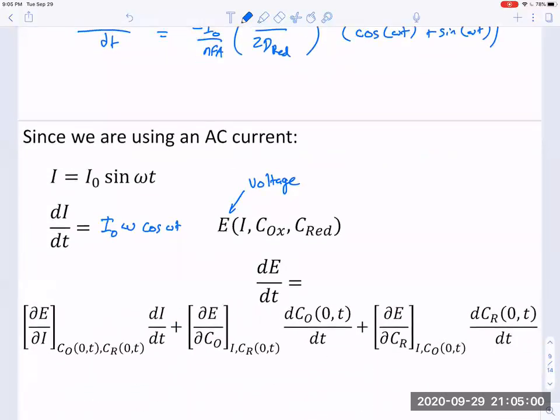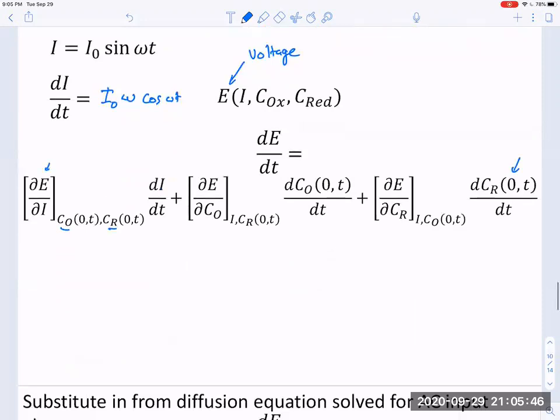So the derivative of the voltage with respect to time is going to be the partial derivative of the voltage with respect to the current, keeping the other two constant, times di dt, plus the partial derivative of the voltage with respect to the oxidized species concentration, keeping the current and C_R constant, times the derivative of C_O with respect to time, plus the partial derivative of the voltage with respect to the reduced species concentration, keeping the current and C_O constant, multiplied by the change in the reduced species concentration with respect to time at the electrode surface.